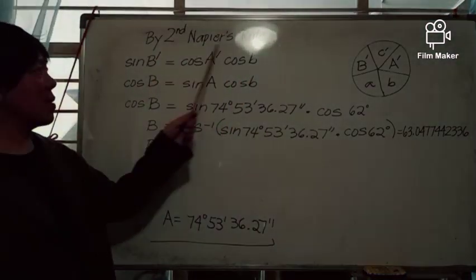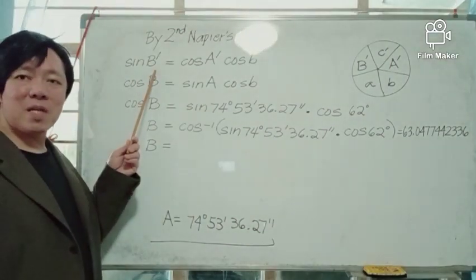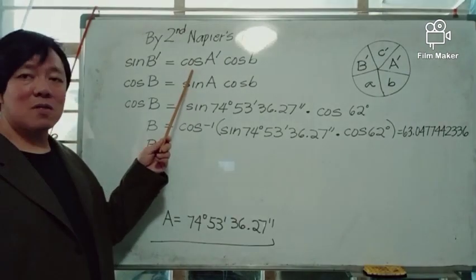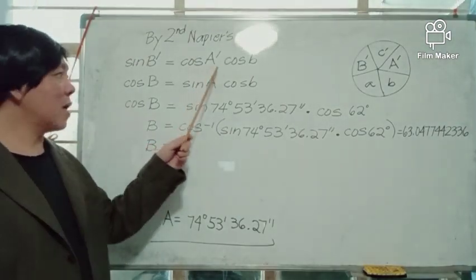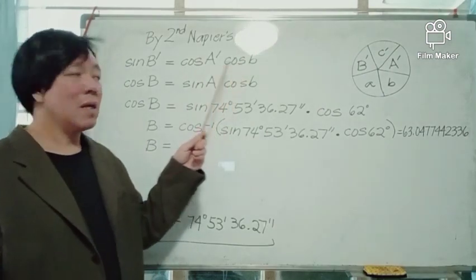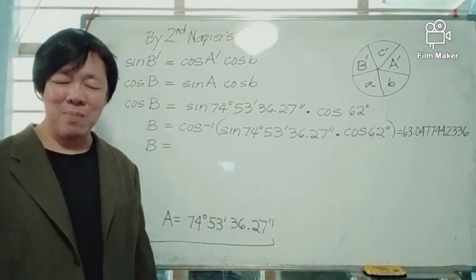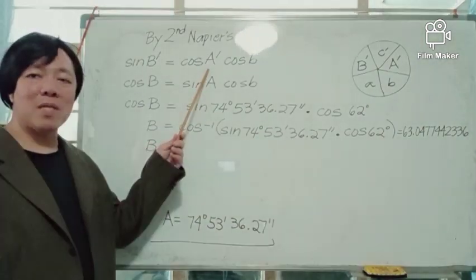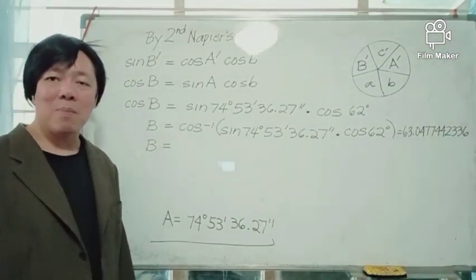Again, by second Napier's rule, the sine of capital B prime is equal to the product of the cosine of the opposite parts, cosine of A prime and cosine of b. It is from this equation that we will solve for angle capital B, but we have to remove the complement of A and complement of B using the complement angle theorem.